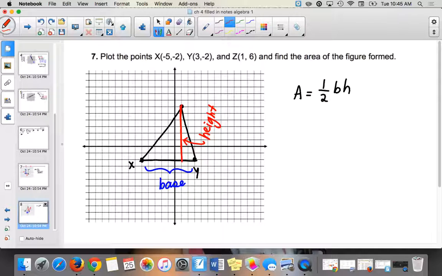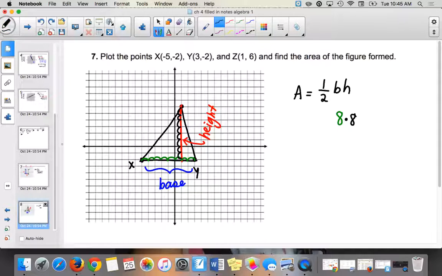So we need to figure out how many units long our base is and how many units long our height is. Our base goes over 1, 2, 3, 4, 5, 6, 7, 8 units. And our height goes up 1, 2, 3, 4, 5, 6, 7, 8 units.